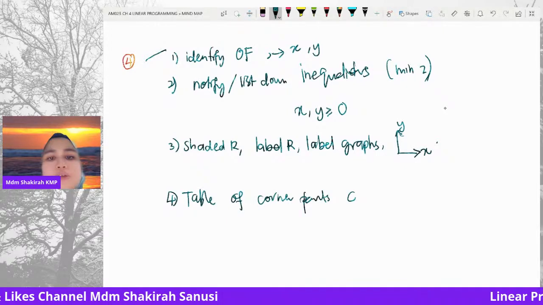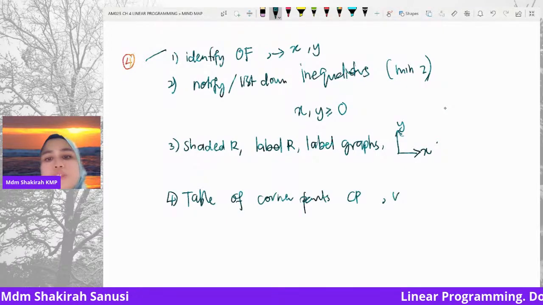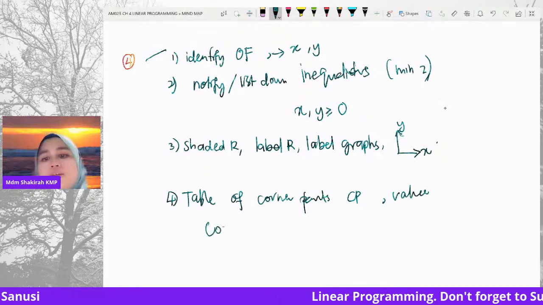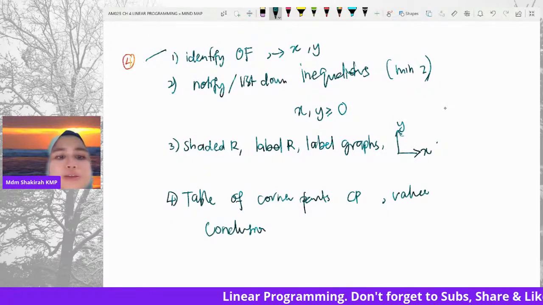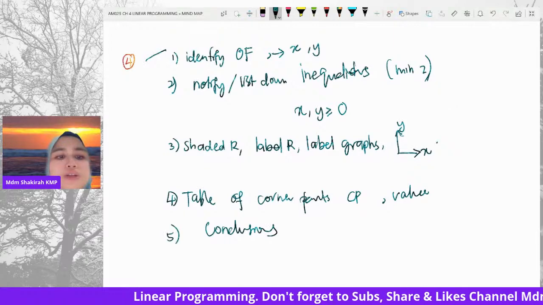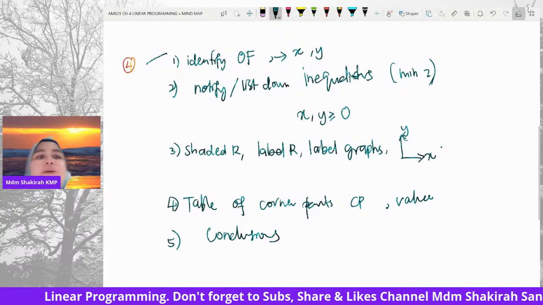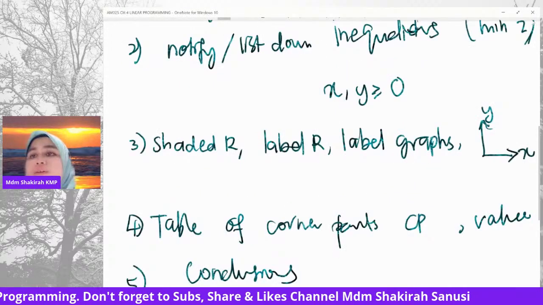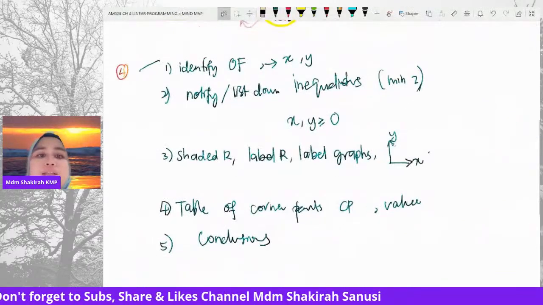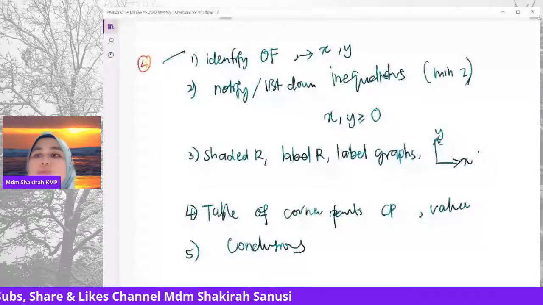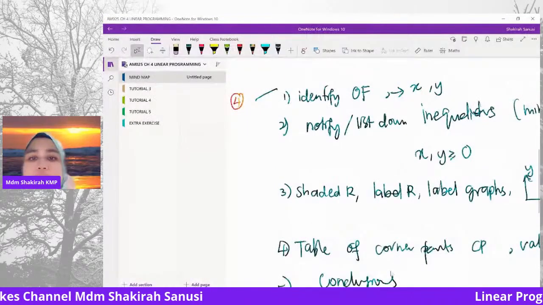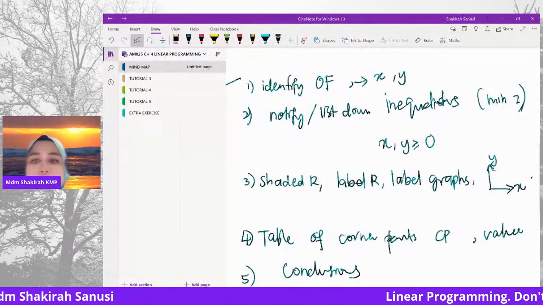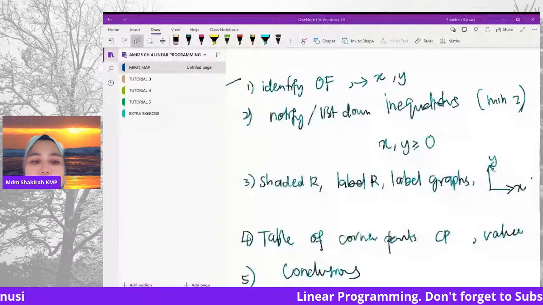You punya CP and the value with the conclusions, alright? Conclusion, let's make it as number 5. Okay, itu sahaja, alright, yang awak kena alert. Dia tak susah pun. Tips dia mesti rajin baca. Bukan baca kosong, tidak. Dia mesti rajin baca and then you akan dapat.